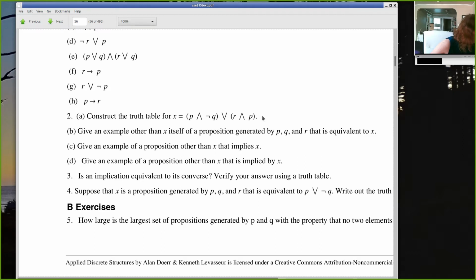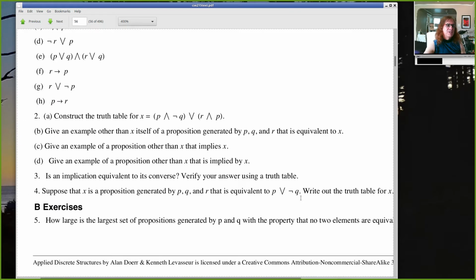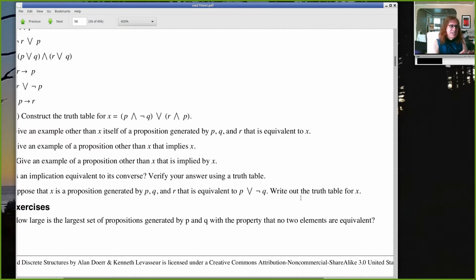Alright, so that was 3.2, 3.3, number 2. Alright, number 4. Suppose that X is a proposition generated by P, Q, and R equivalent to P or not Q. Write out a truth table for X. So this was just an exercise in understanding that we could have a function of 3 variables that doesn't depend on one of the variables. But you can write this out as a function of 3 inputs, P, Q, and R, and you can write out what the disjunction of those is, right?